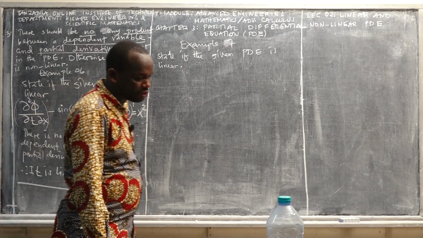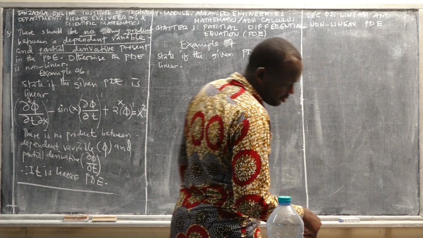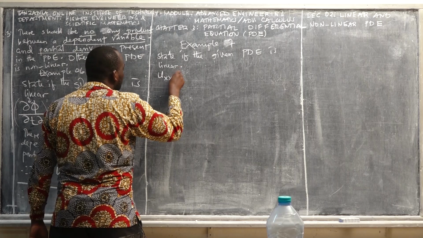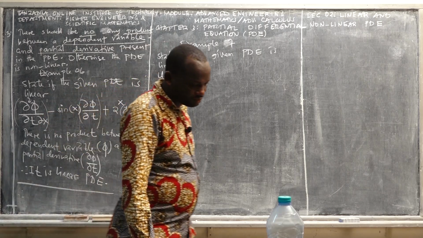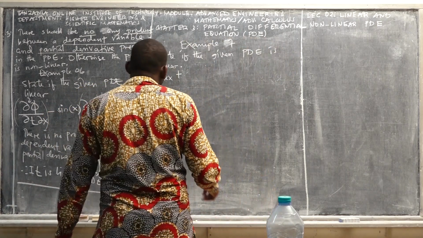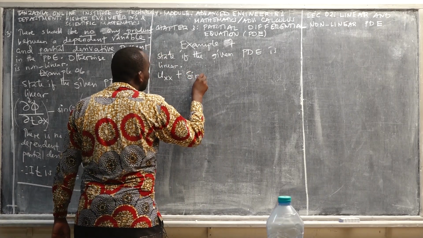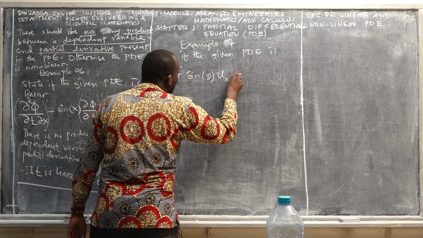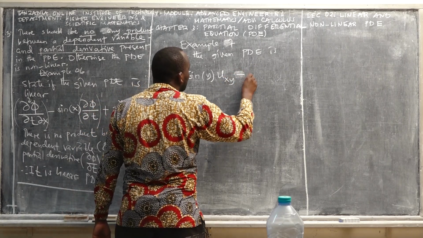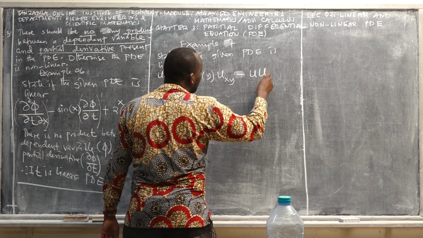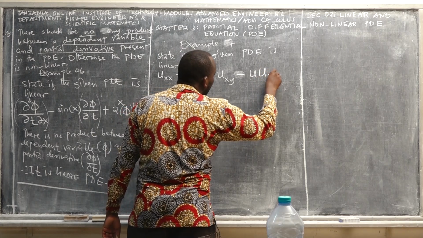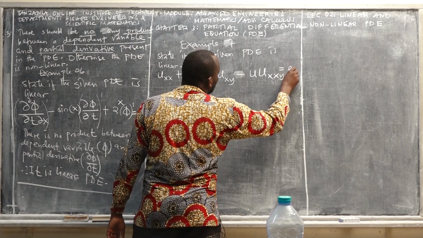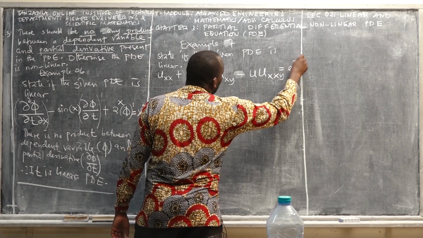So what is the given partial differential equation? u_xx plus sin y u_xy plus or minus u_x y is equal to e power 2x.